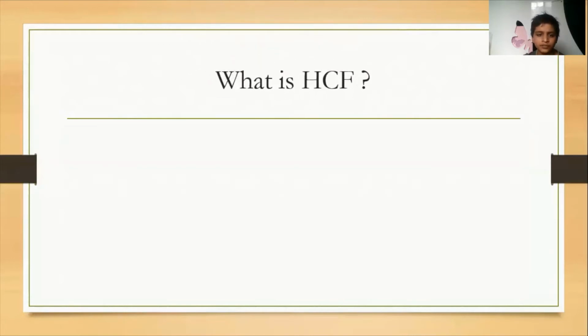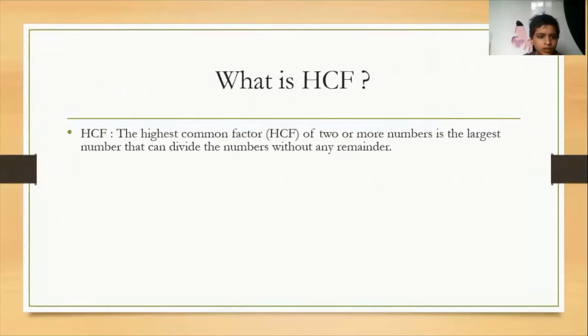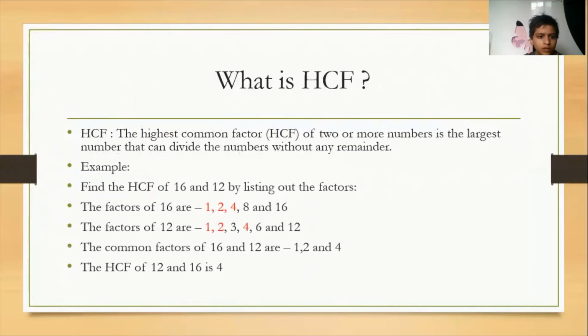What is HCF? The highest common factor, HCF, of two or more numbers is the largest number that can divide the numbers without any remainder. Example, find the HCF of 16 and 12 by listing out the factors.